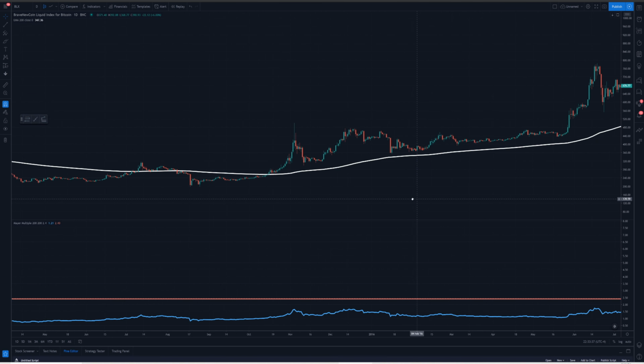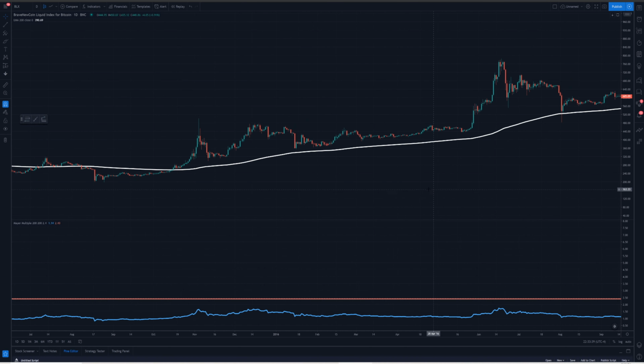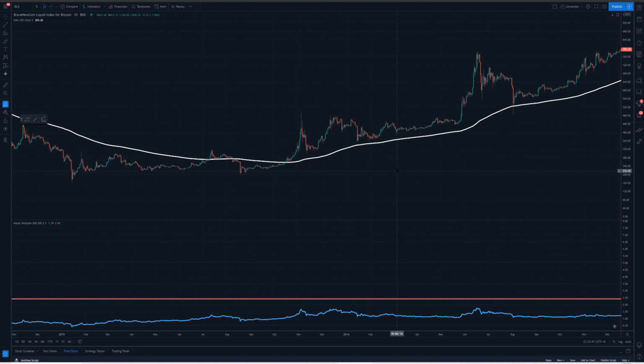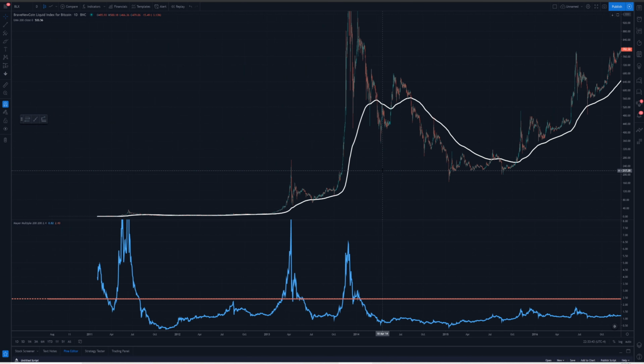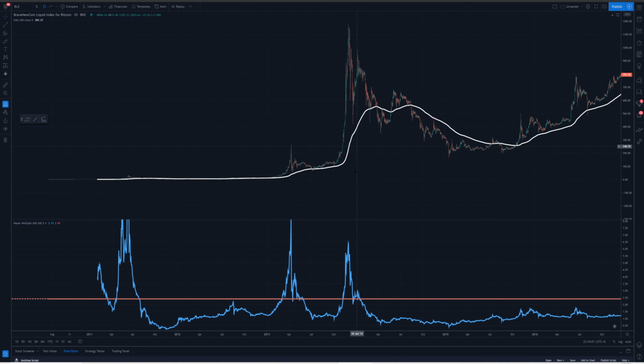Now, conversely, the other thing to look at is when it goes very far above that 2.4 threshold. You can see here, there's a couple of these mini cycles in 2013. The last time the Mayer multiple went to 8.23, you can see that was a top, and the market came back down, and it wasn't until later in 2013 the same thing happened where we had this blow off top, and boom, the Mayer multiple went too high.